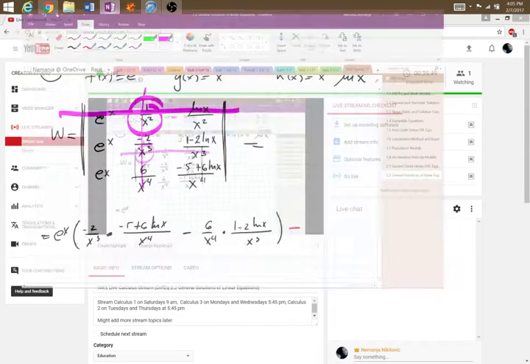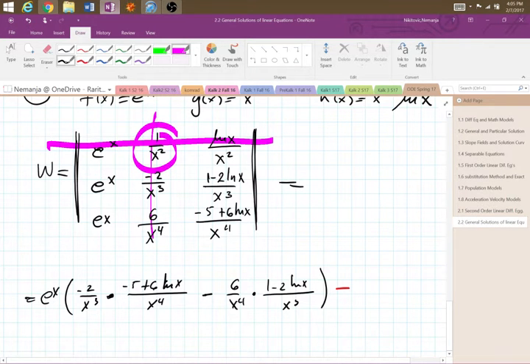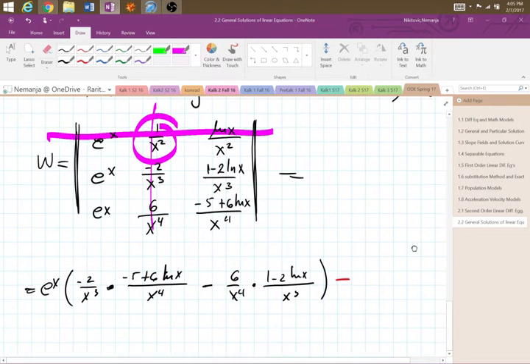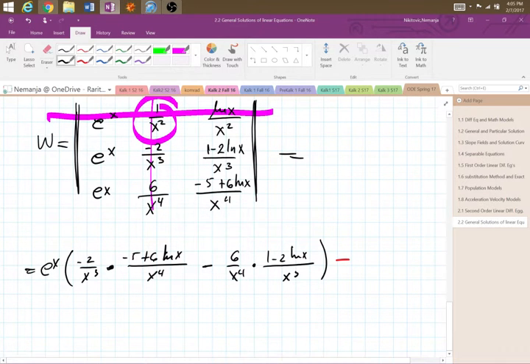So here I have minus 1 over x squared, and then we have e to the x times this. So I'm going to factor out e to the x as well, and keep it as 1 minus negative 5 plus 6 ln x divided by x to the fourth.